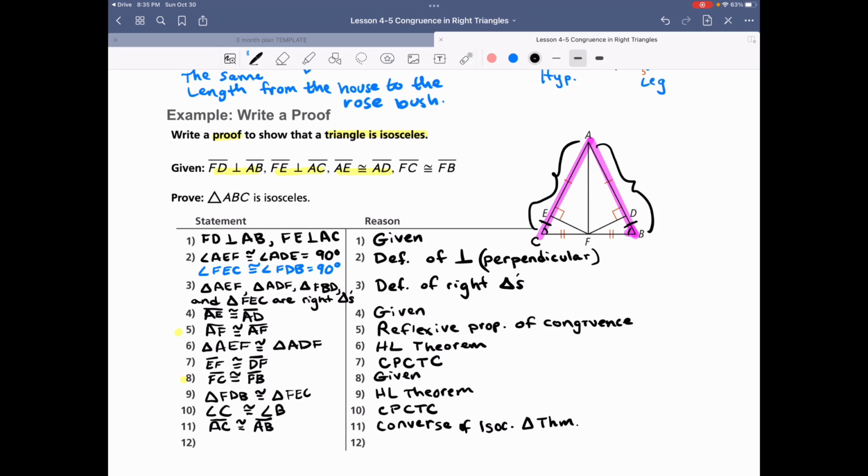So therefore, the whole triangle ABC is isosceles. By the definition of isosceles triangle.